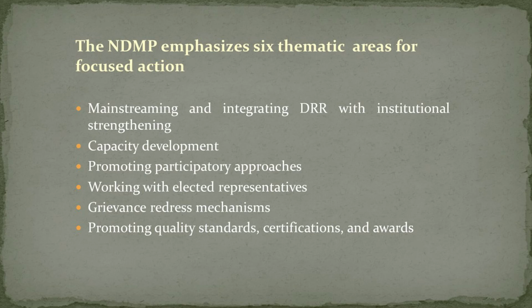Capacity development, training programs and skill building for officials, responders, and communities. The third one is promoting participatory approaches, involving local communities and stakeholders in planning. Then, working with elected representatives, like engaging panchayats and legislators for grassroots implementation.